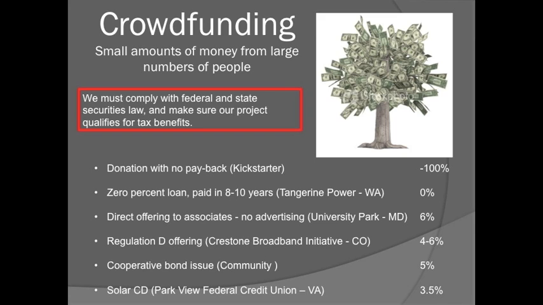They can make a direct offering or Regulation D offering. These are different exemptions under federal securities law that allow you to skip registration. A cooperative in Colorado and many other states is actually immune from securities law as well.